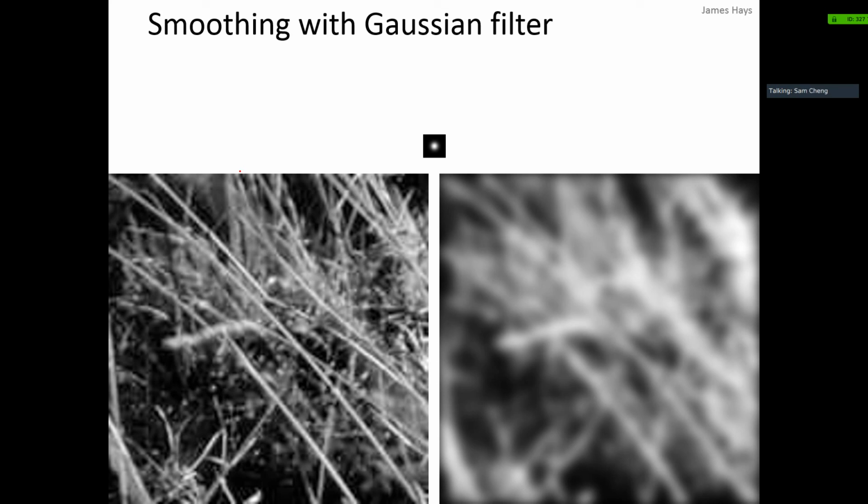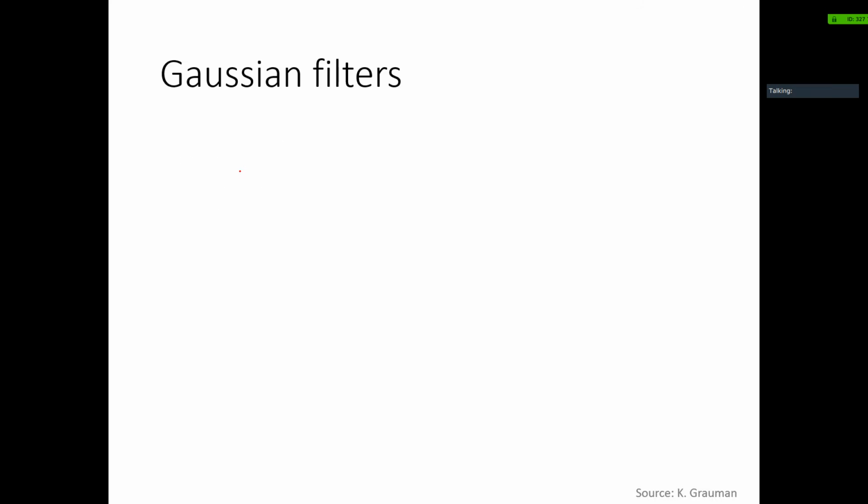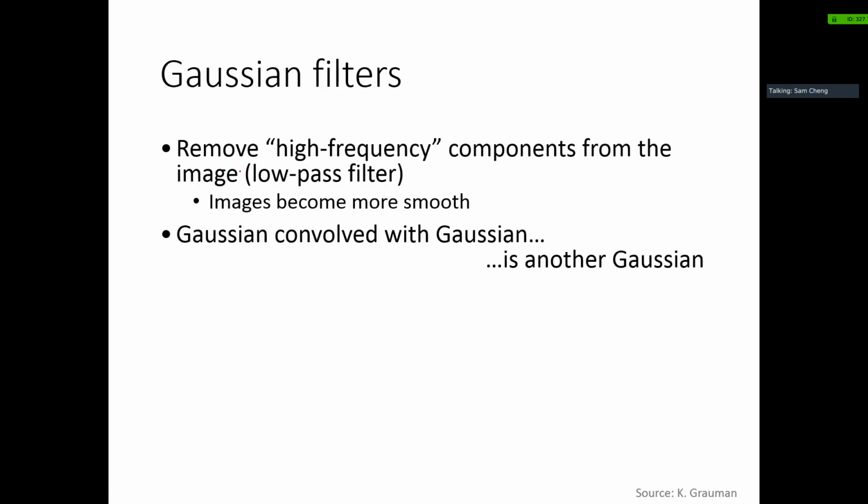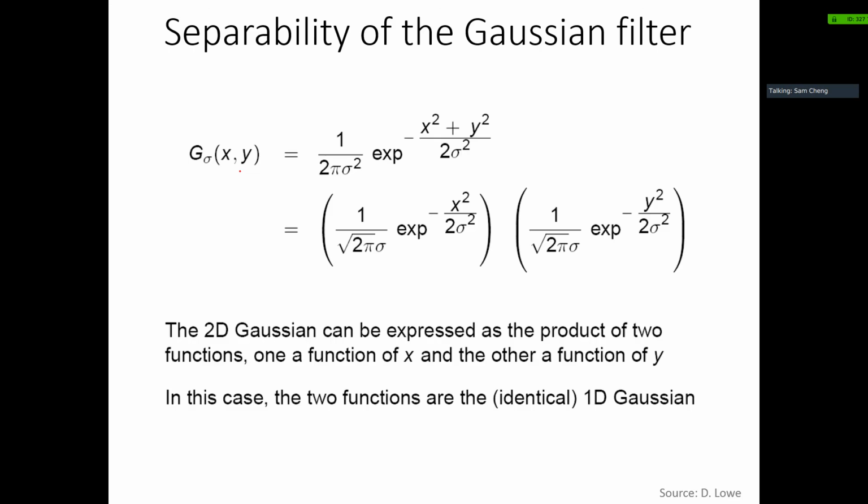We will have a better explanation of why we have this artifact when we look at the Fourier transform, maybe later on. Here is an immediate comparison: when we use the box filter, there is this kind of grid artifact. Gaussian filter, yeah.